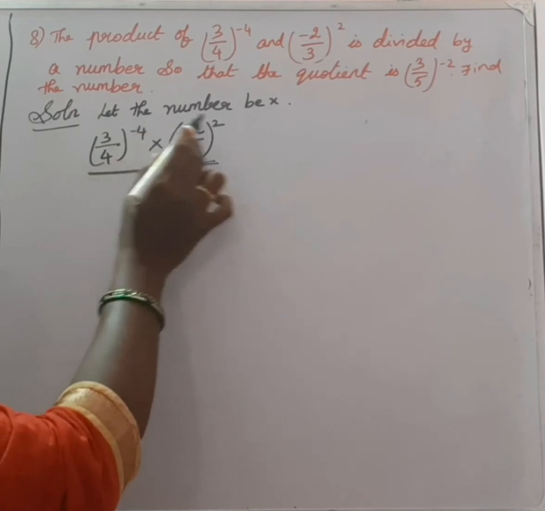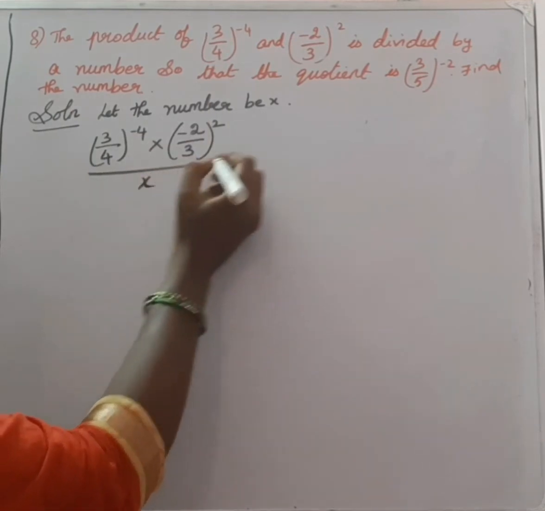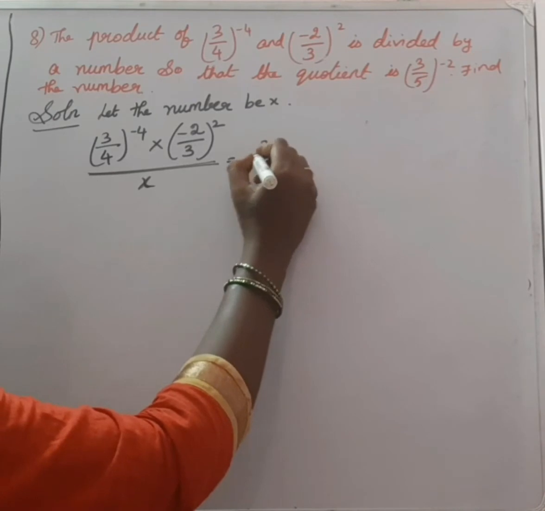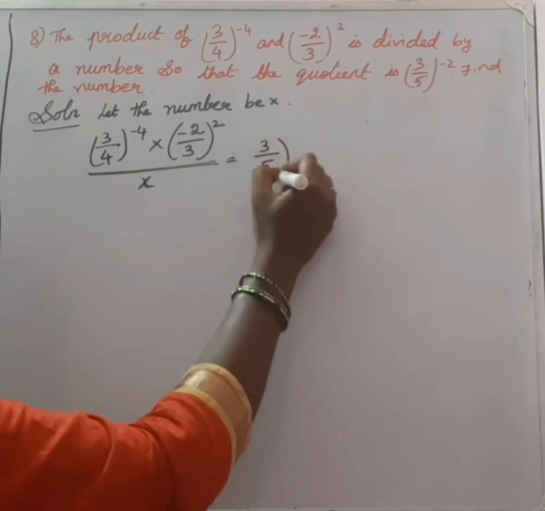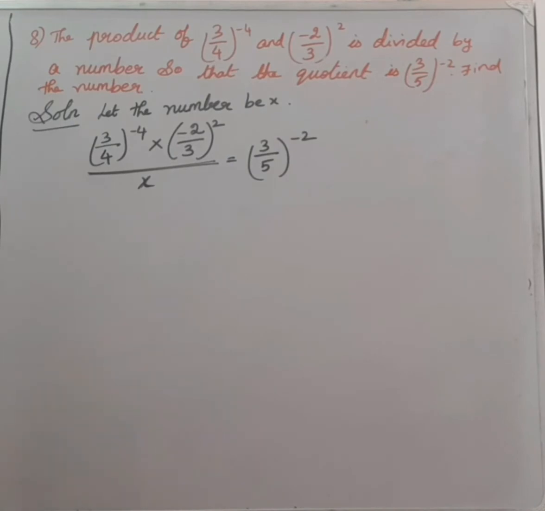Here the number is x, and the quotient is (3/5) the whole power minus 2.